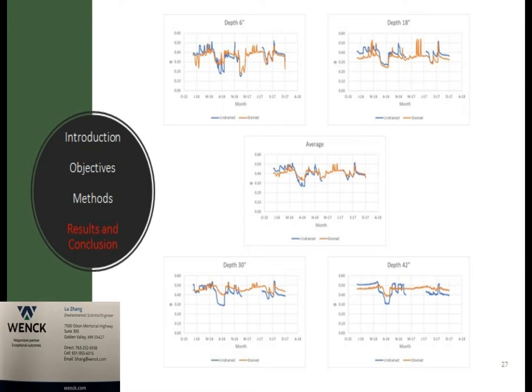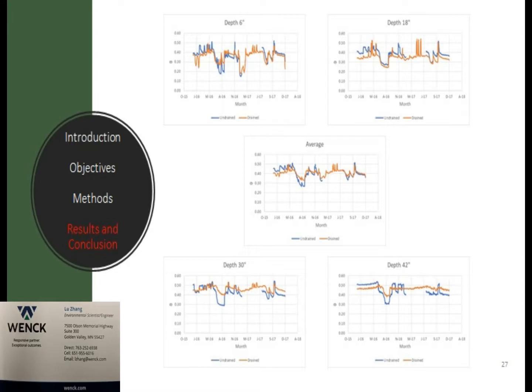The undrained actually has a higher soil moisture, but the reason it's not shown in the evapotranspiration calculations is that during the times the undrained is exceeding the drained, they're both above the field capacity, so there's no impact on the water stress factor.